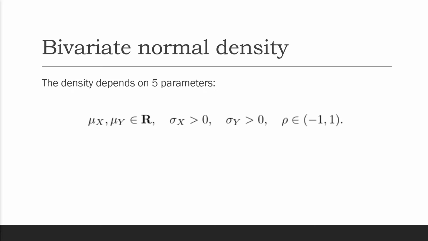That would be if sigma of x is equal to sigma of y. The center of any ellipse or circle is at the point mu of x, mu of y. So that's it.